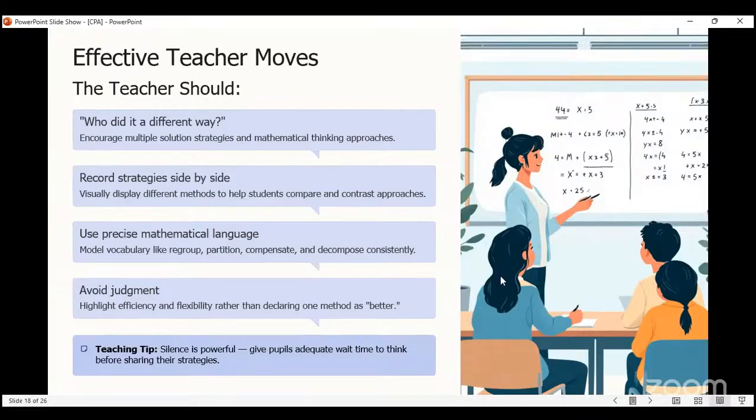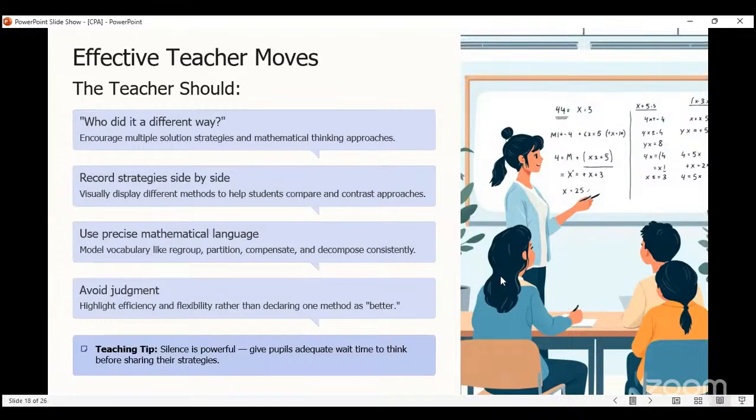Record these strategies side by side. Visually display different methods to help students compare and contrast approaches. Use precise mathematical language: we are regrouping, we are partitioning, we are compensating, we are decomposing. Use the correct mathematical language for the model you have chosen.